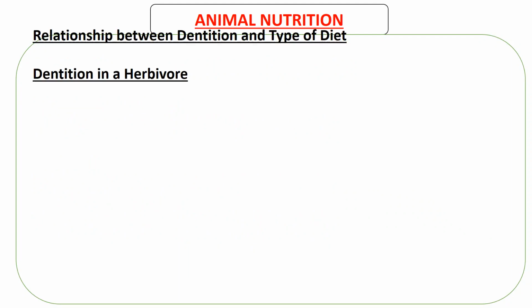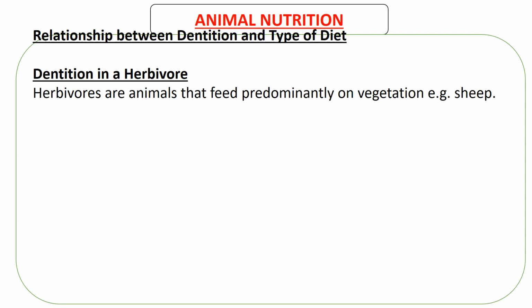The next we look at a herbivore. So herbivores are animals that feed predominantly on vegetation. So these eat veggies. They are vegetarians, so to put it. They don't eat meat. So what's so common about all vegetarians, like goats and cows?